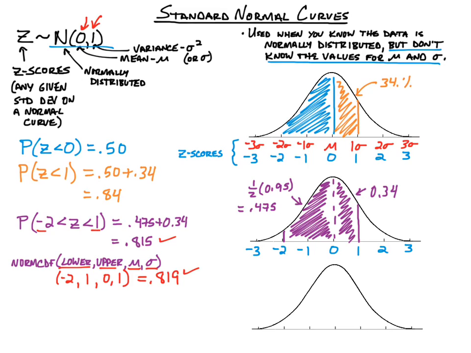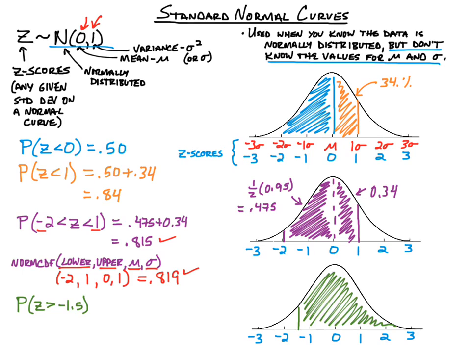For example, let's look at one more curve, and let's look at the probability that z is greater than -1.5. Okay, so we are looking from here on up. This was not one of those standard assumed percentages or standard deviations that we looked at, so we have to use our normal CDF, because we don't know exactly what percentage falls at -1.5.